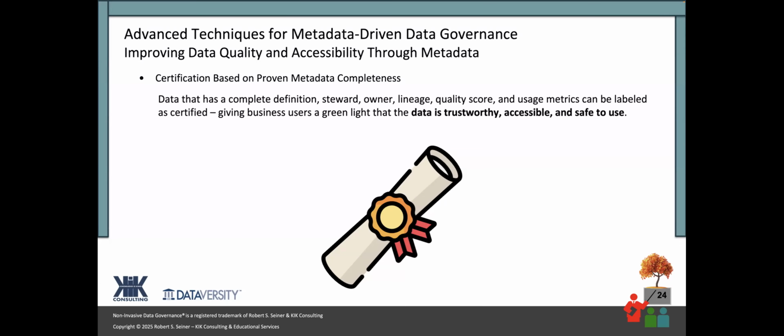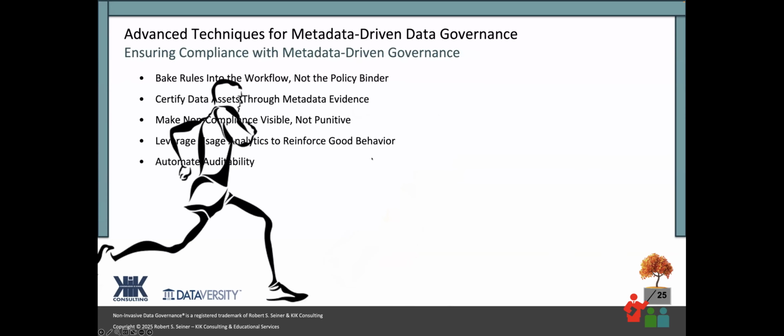So if you want to provide that green light to data that's, as it says here, trustworthy, accessible, safe to use, all of those things, we can use metadata to say, hey, this data, we don't know it. We don't have documented record of this data enough to say that we certify its use across the organization.